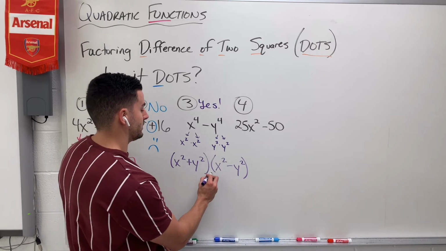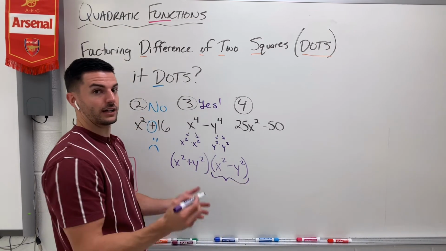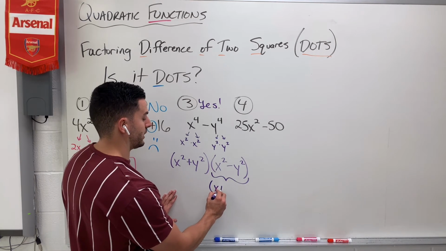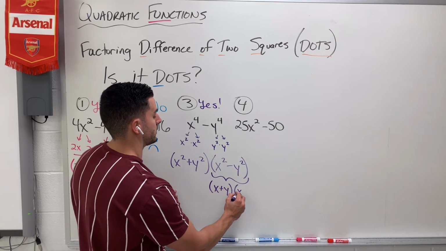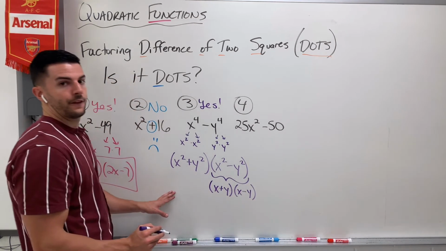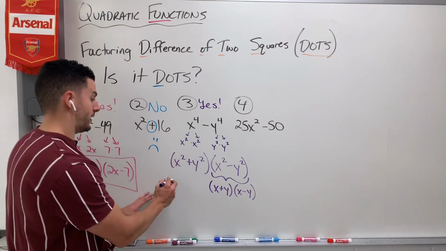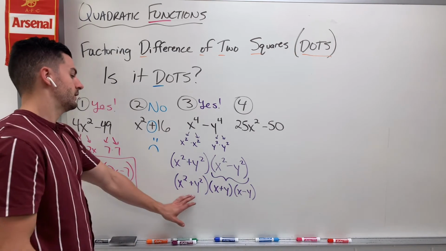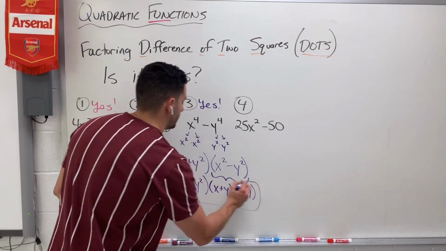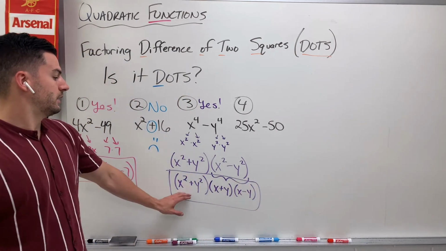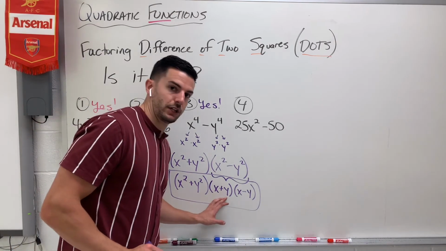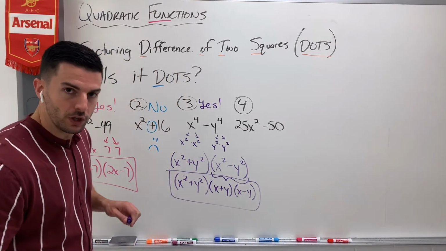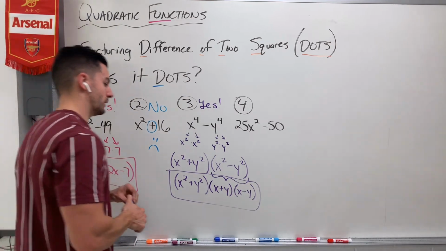I could just take this guy and factor that with dots, right? So I could say just the second group is x plus y, x minus y. And then again, my first group can't be factored, so I could just write that out here. How about that? So that would be the full answer to this, would be x squared plus y squared, and x plus y, x minus y. Wow. Okay, number 4.